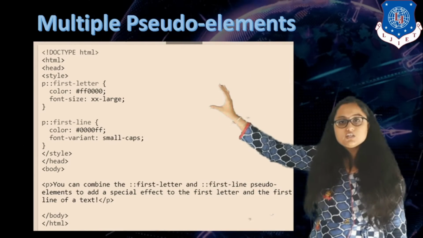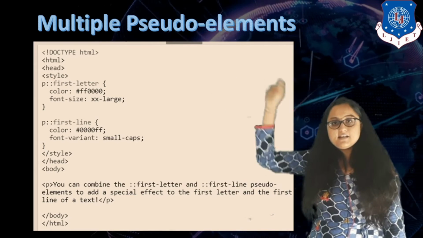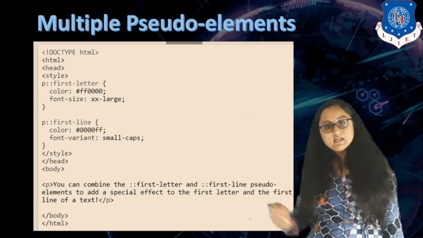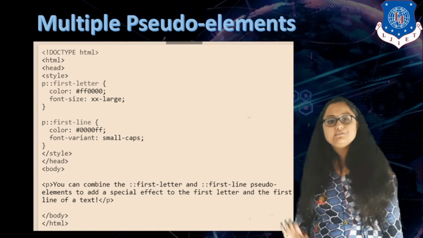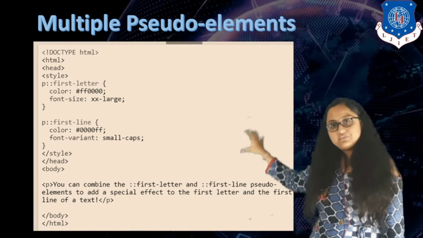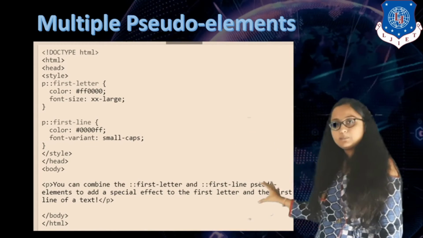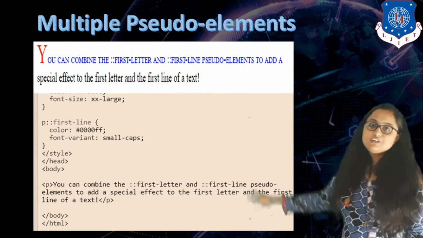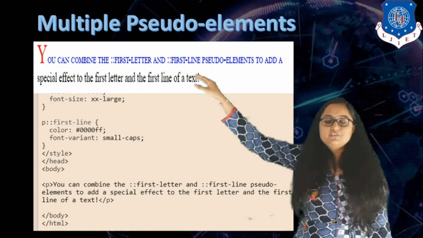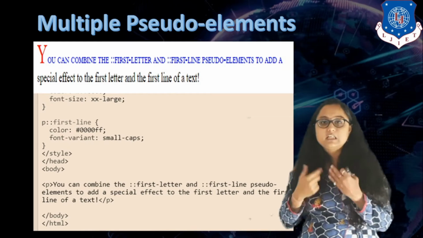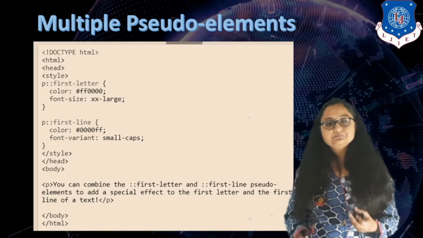So for the first you can see the syntax, I have written P double colon first letter, and next I have written P double colon first line. So both the effects will be applied to my paragraph, and you can see that the line is differently styled and the first letter is also differently styled, right?